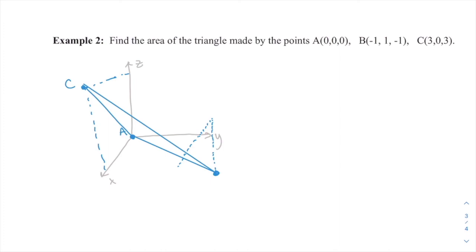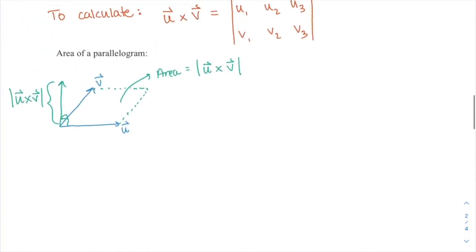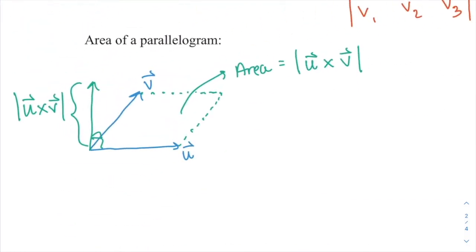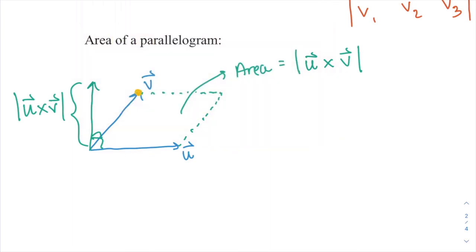It would be pretty complicated using just the base times height divided by 2 formula to find the area of this triangle. But luckily we know another operation that has something to do with area between 2 vectors. If you remember the cross product, the magnitude of the cross product is equal to the area of the parallelogram made by 2 vectors. So if we want the triangle between 3 points, we could just find 2 vectors that connect the 3 points and divide by 2, right?